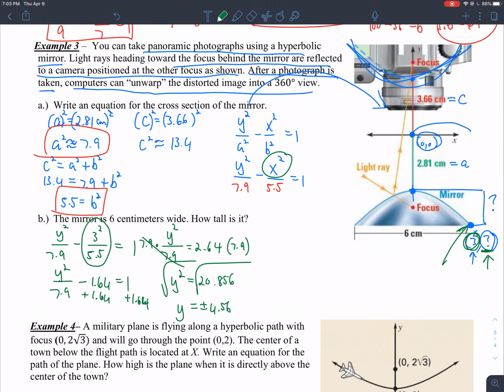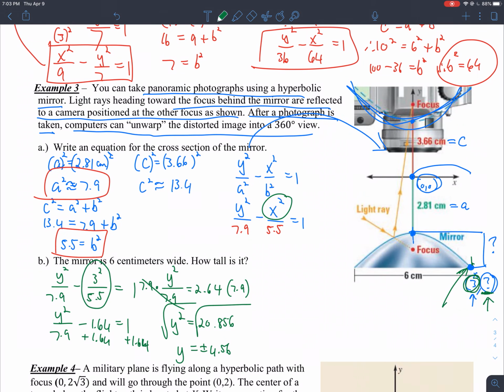So in other words, if I were to go all the way here from the origin, I would get 4.56. But we're in the negative y-axis down here. So this coordinate down here is minus 4.56.